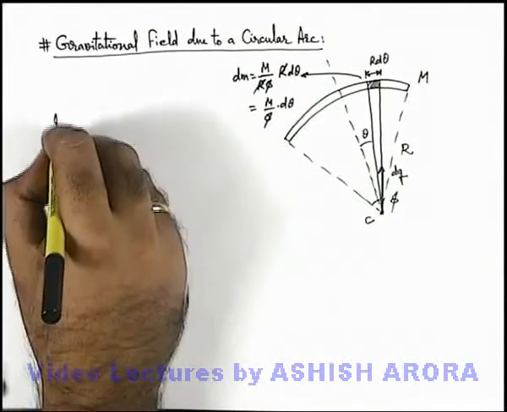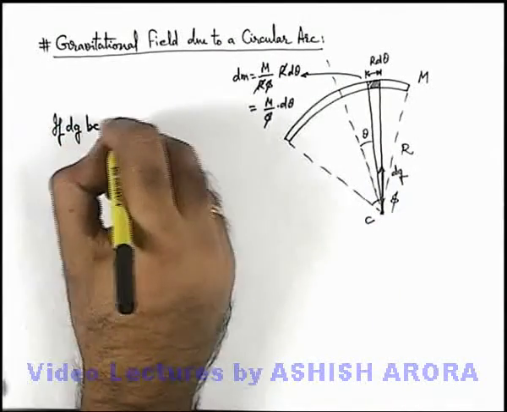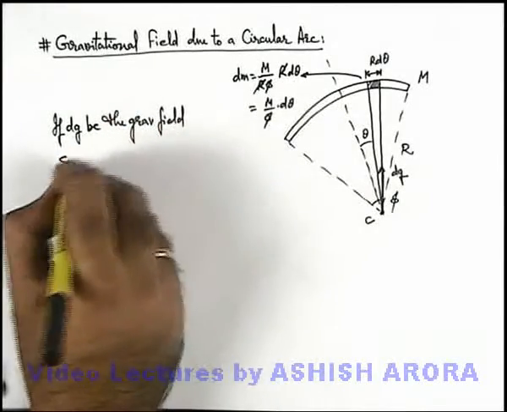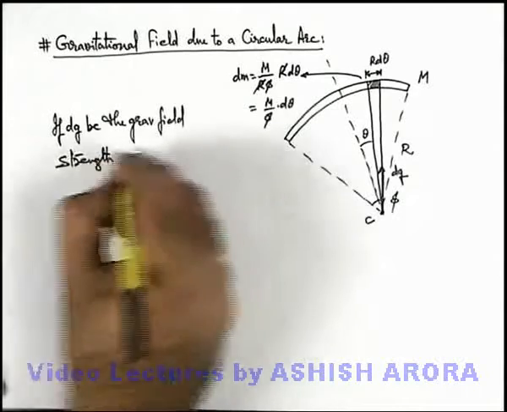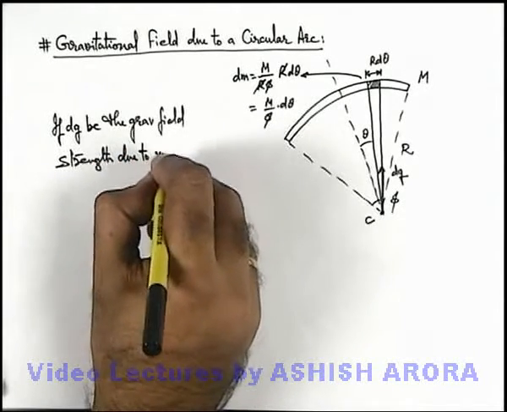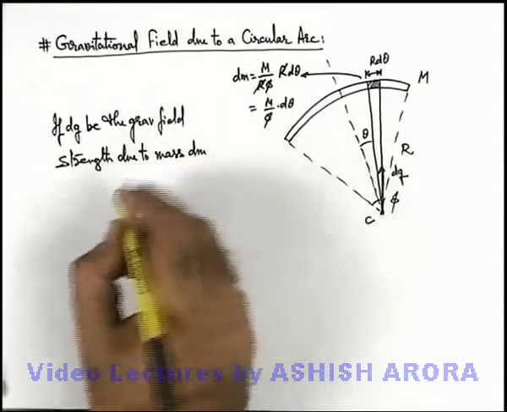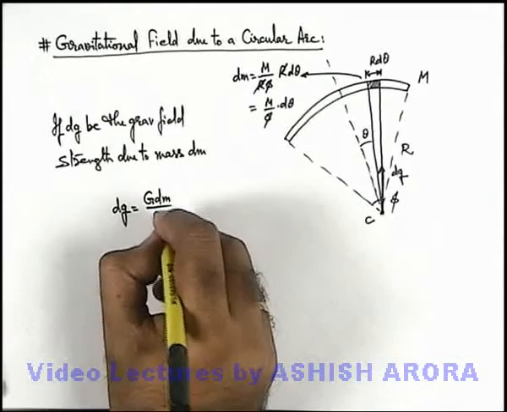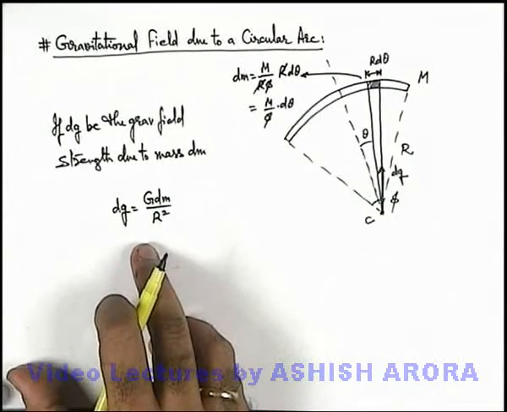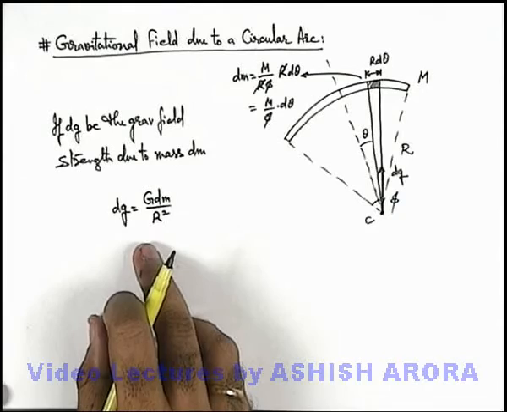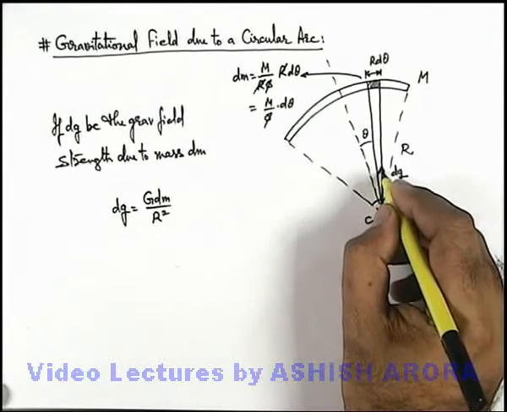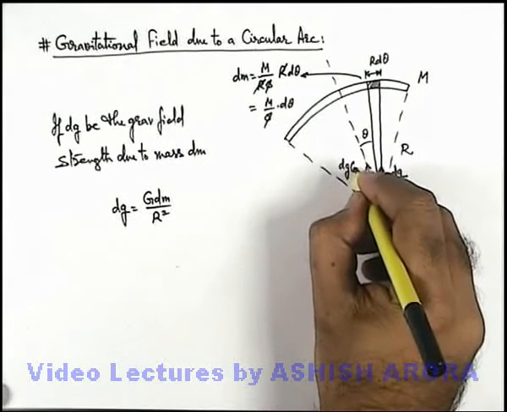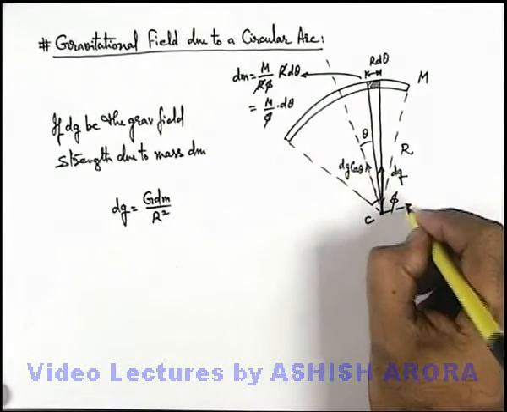So if dg is the gravitational field strength due to elemental mass dm, then we can use dg equals G dm by r square, as due to a point mass the gravitational field is G m by r square. And this dg will have two components.